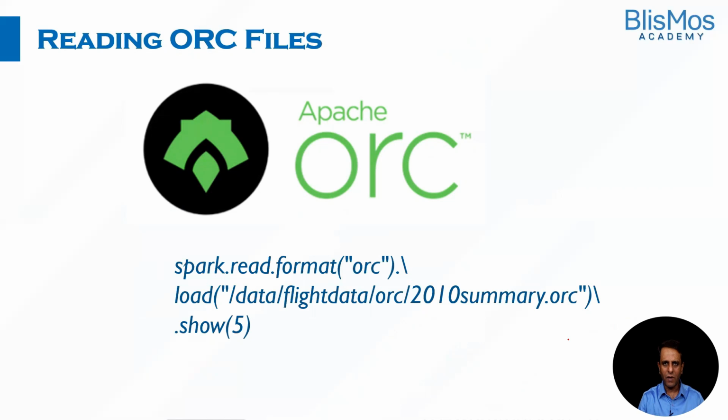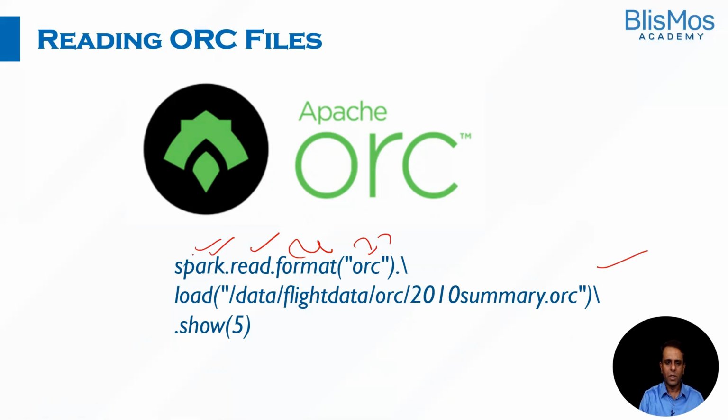Reading an ORC file format is almost the same as reading a Parquet, CSV or JSON file. All I have got to do is invoke the Spark session, invoke the read attribute, specify the format, that is ORC, and the rest of the things would be the same.